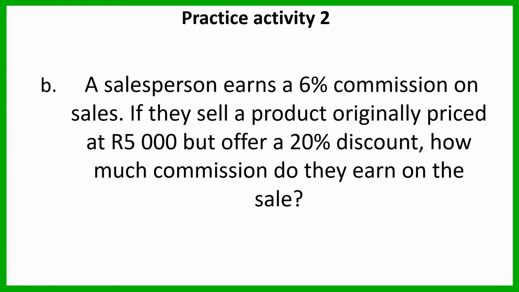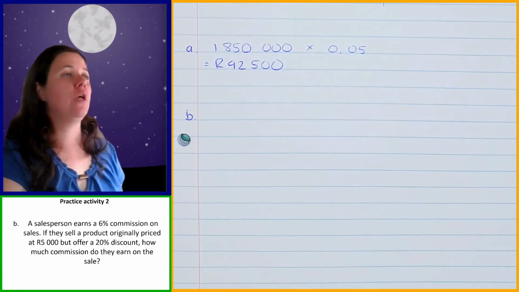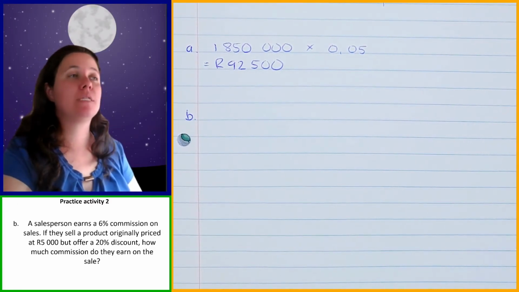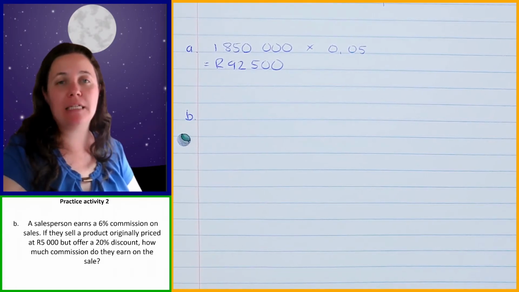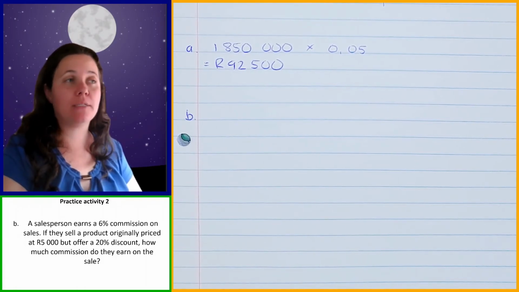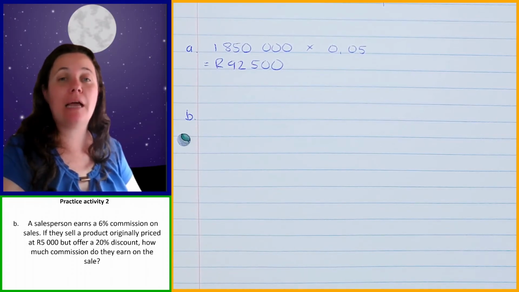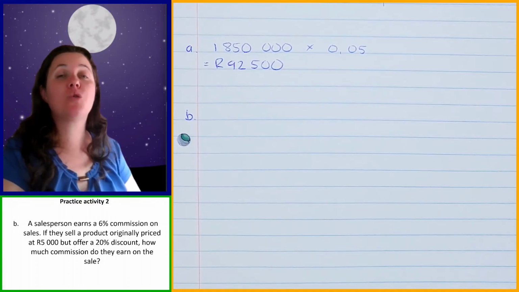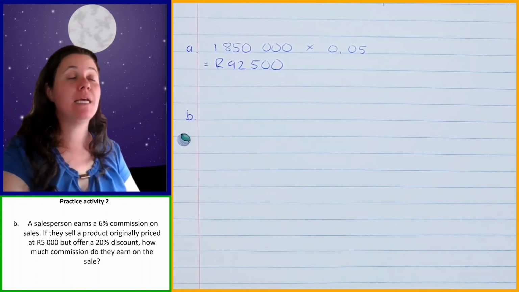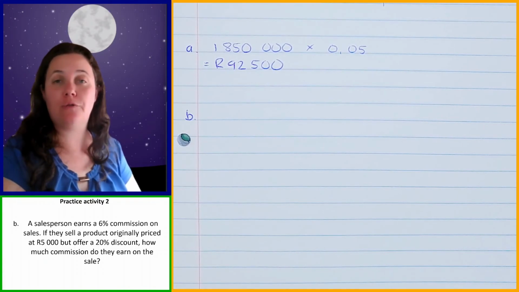Okay, so let's go through that question and see what you should have got. So first of all, they tell us that the salesperson earns a 6% commission on sales. Okay, now they've got a product that is 5,000 Rand and they have now sold this product, but they didn't sell it for 5,000 Rand. They offered a 20% discount. So that means that the commission is not going to be worked out on 5,000 Rand.